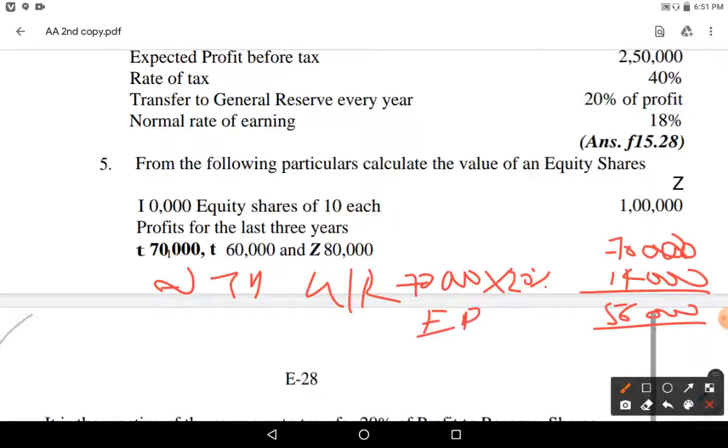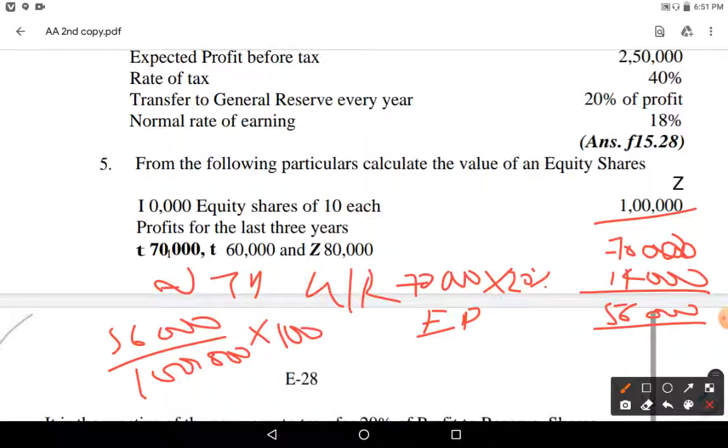Expected profit divided by paid up share capital, that is 56,000 divided by 1 lakh into 100. You will get ERR, expected rate of return, as 56%.